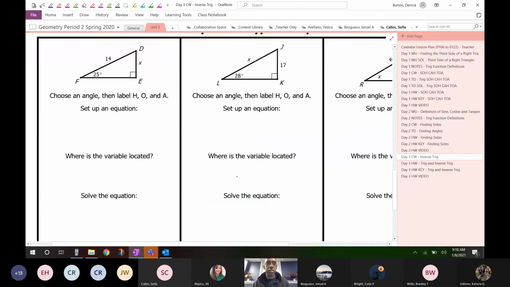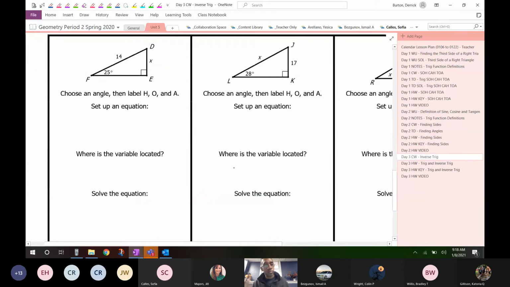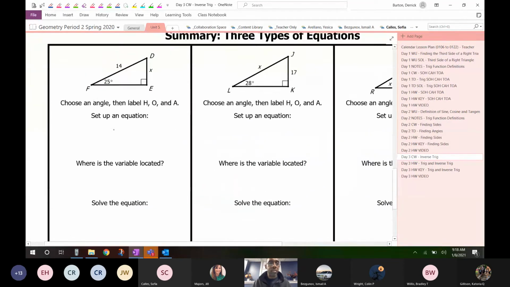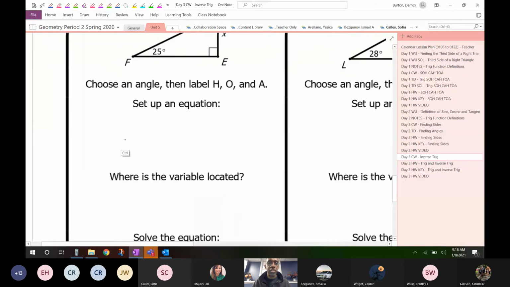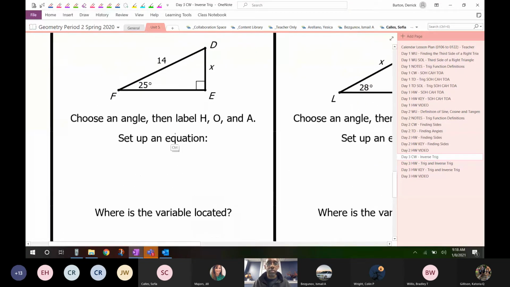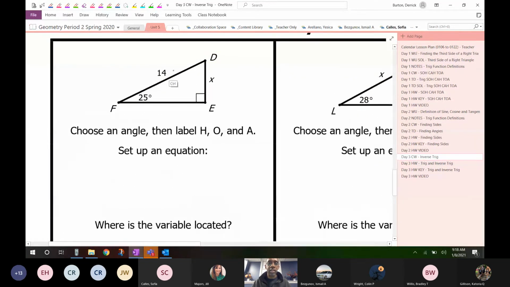Okay, so real quick, looking at this first picture, first we have to decide. So this is the hypotenuse. Okay, and for the other two, I'm going to circle the 25.